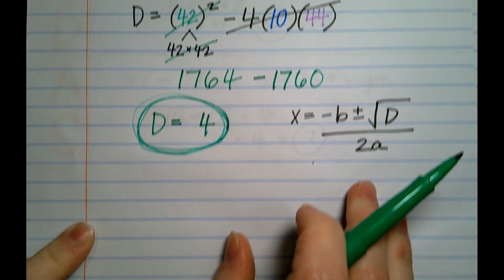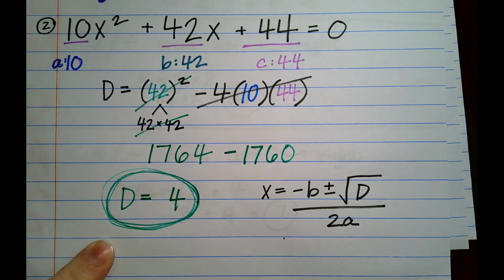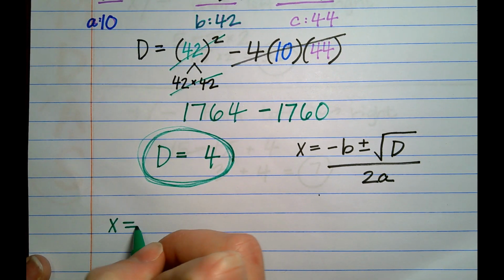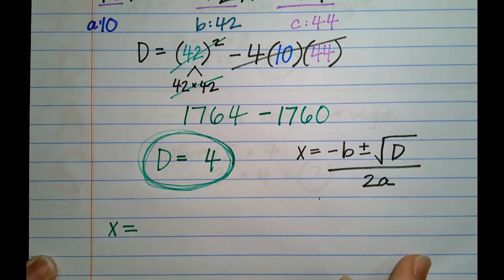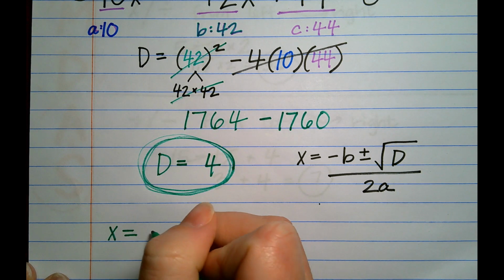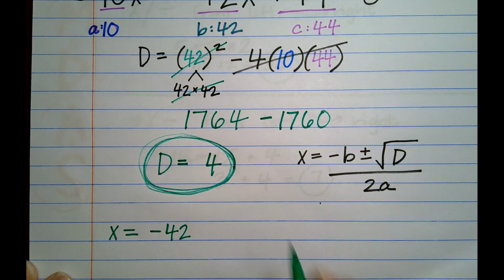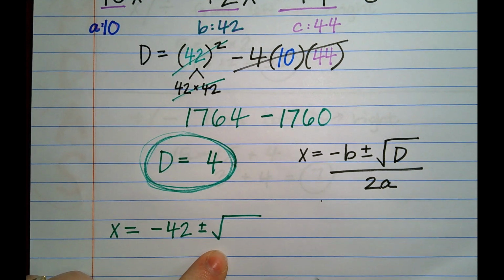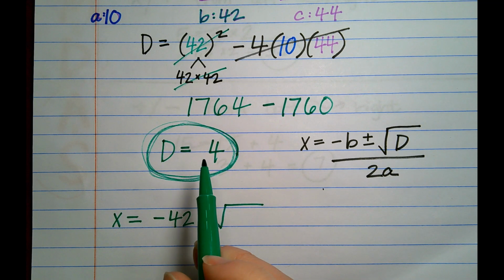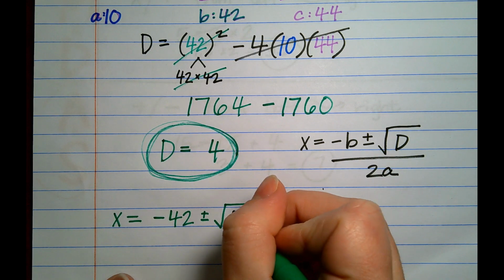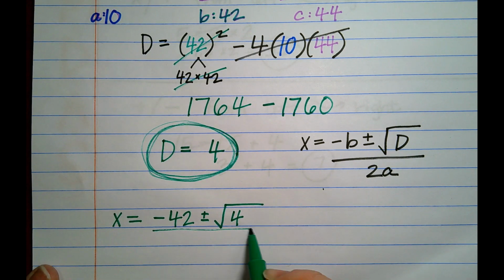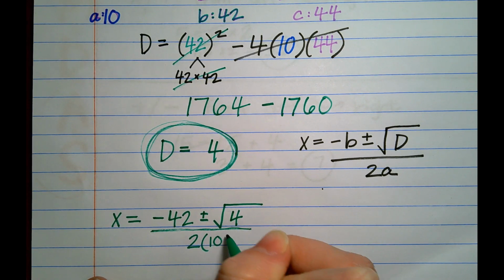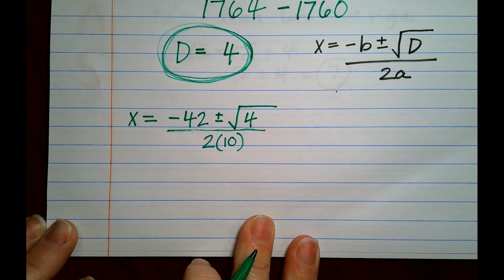So now I have my discriminant, it's 4. So if we want to finish the problem, I have x equals negative b. B is 42. So we have negative 42 plus or minus the square root of what? Of 4, which is 2, yes. All over 2 times a, which is 10.